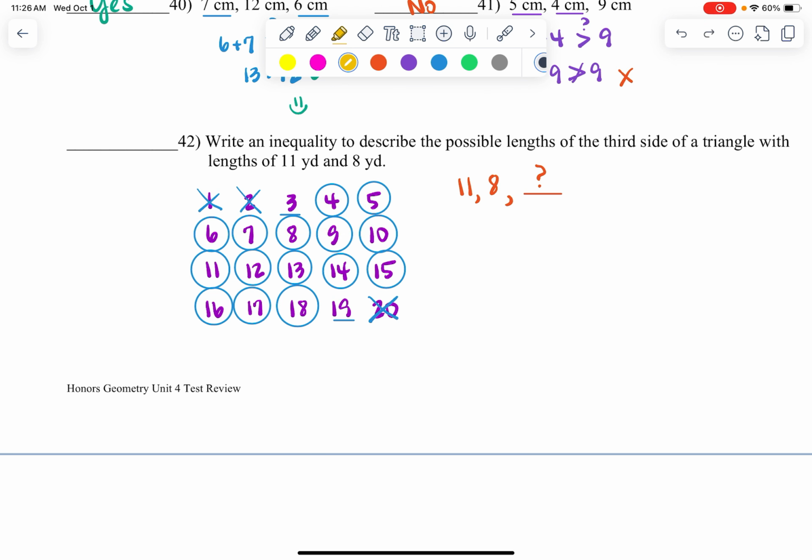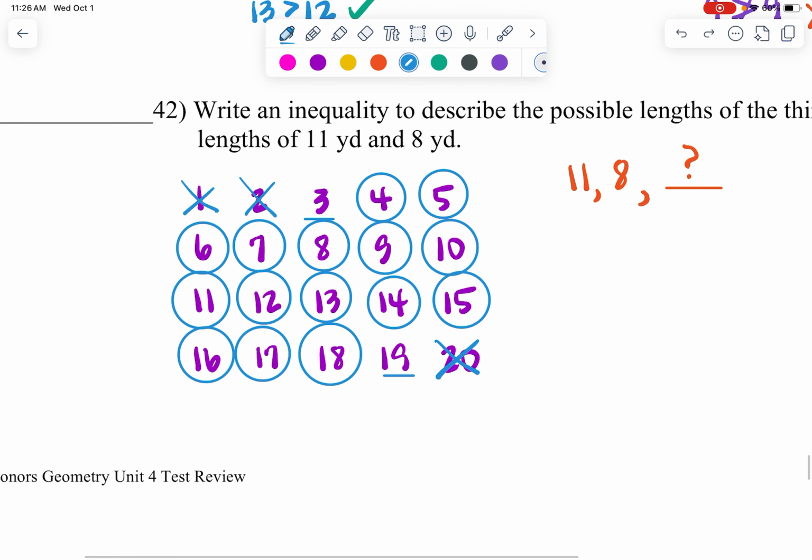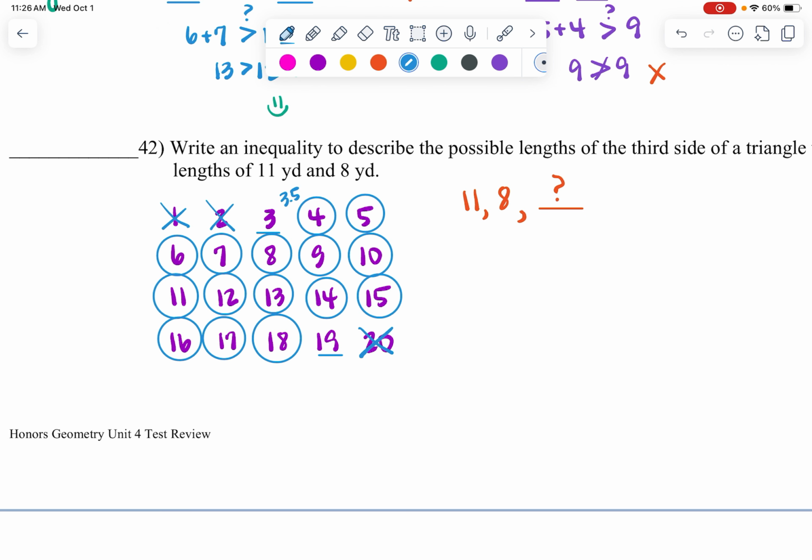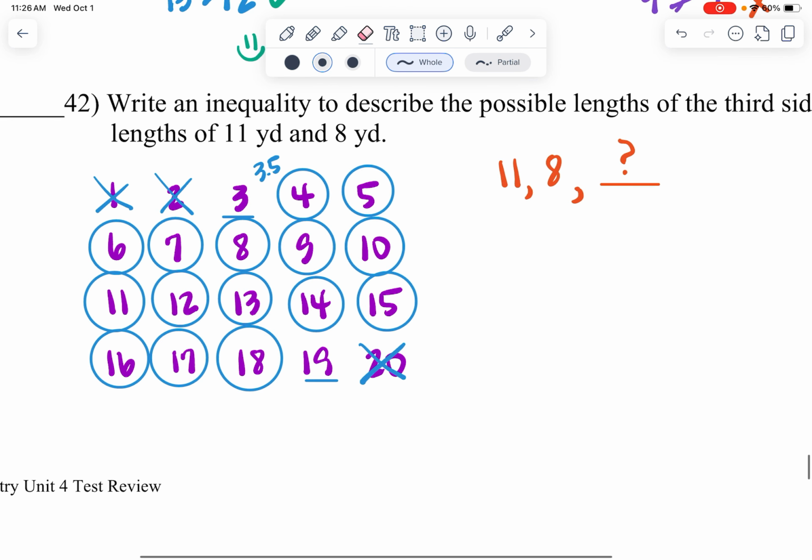But the question is, what about 3.5? I didn't put any decimals in my little mix here. What if I put 3.5 in there? Would that work? Yes, it would, because 8 plus 3.5 is 11.5, and 11.5 is greater than 11. So even though 3 didn't work, you need to recognize that any of the decimals above 3 do work.